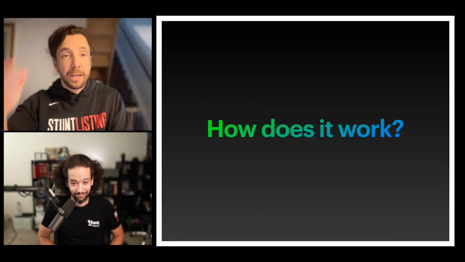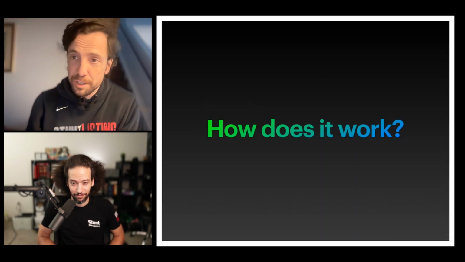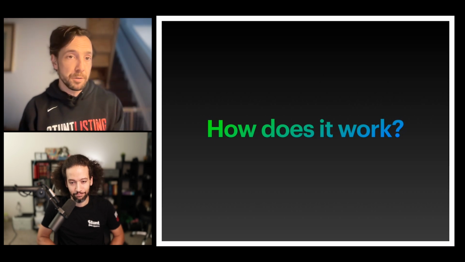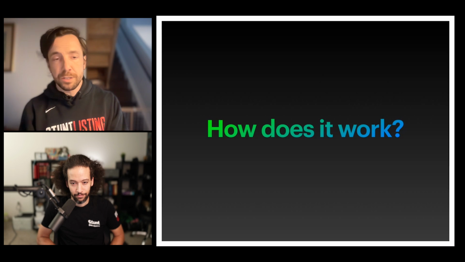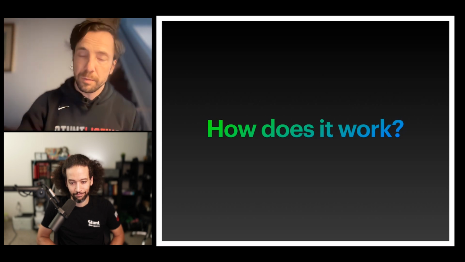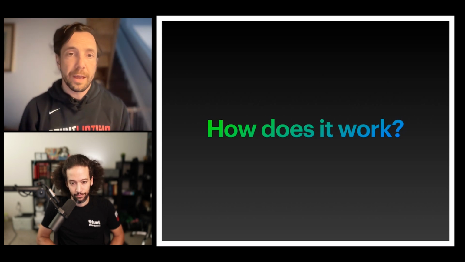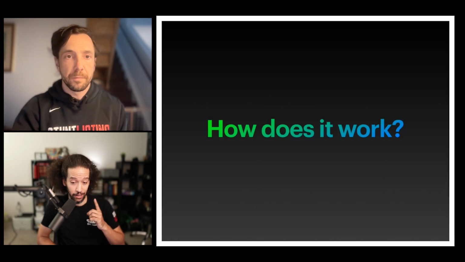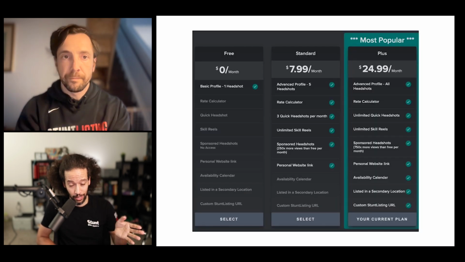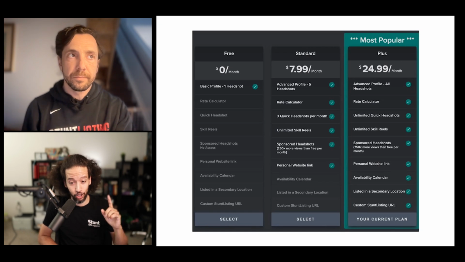To explain how it works, you sign up, you make a profile, and then if you want a couple more things, we have those to offer. You can add skill reels and have more headshots, and have just a little bit more than the average person on the site. If you're trying to sign up, you can find this page by going to your settings page and then clicking the change my membership button.